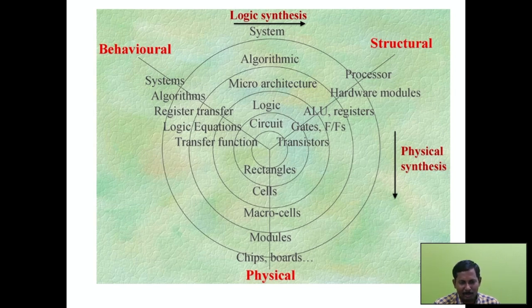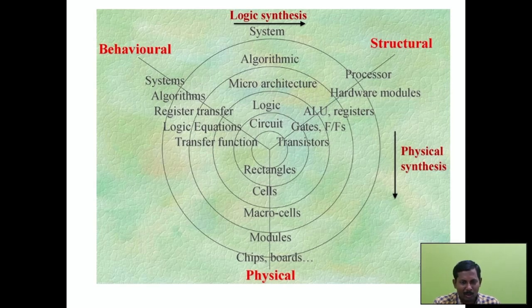The environmental conditions usually matter after fabrication of the IC, so we are not majorly focusing on that before chip manufacture. The behavioral domain consists of transfer functions, logic equations and register algorithms. These kinds of key parameters come under the behavioral domain.